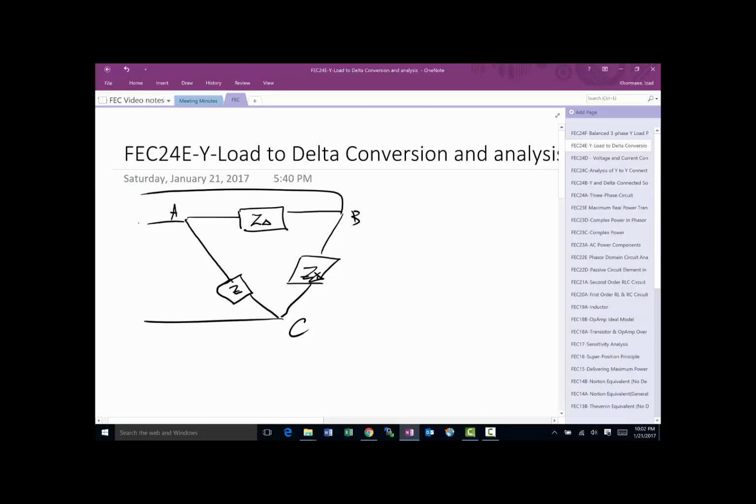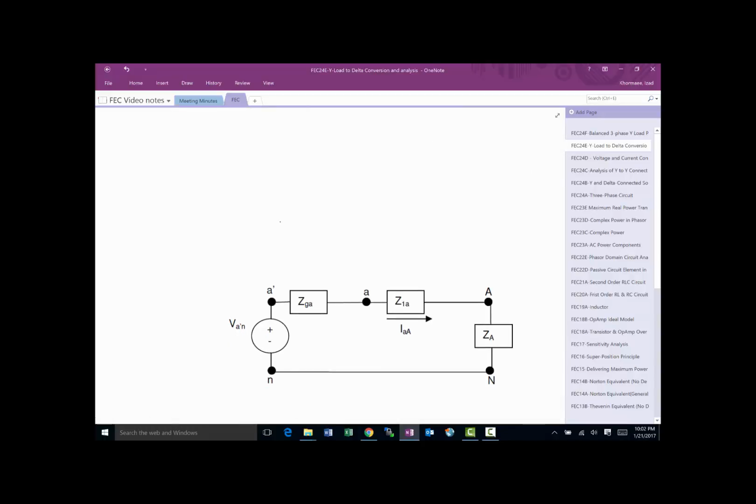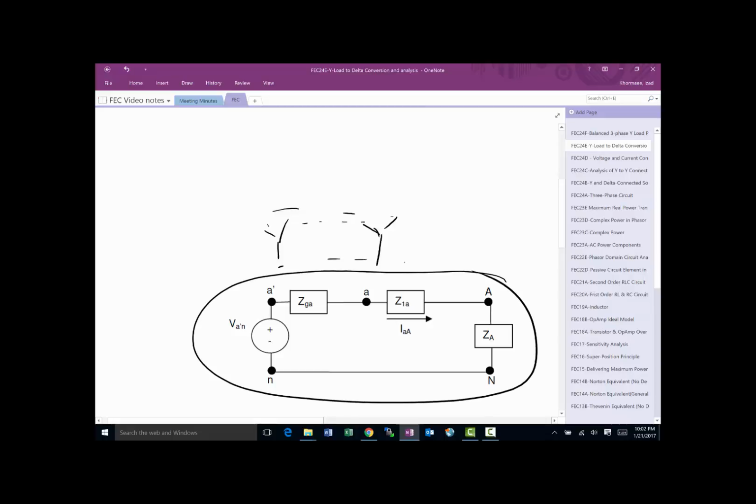Now, we've done a lot of analysis. We've shown how we can use a single phase, something like this, when we have a Y source, Y load connection through a transmission line, and how we could just use one single phase to do the analysis and figure everything out.